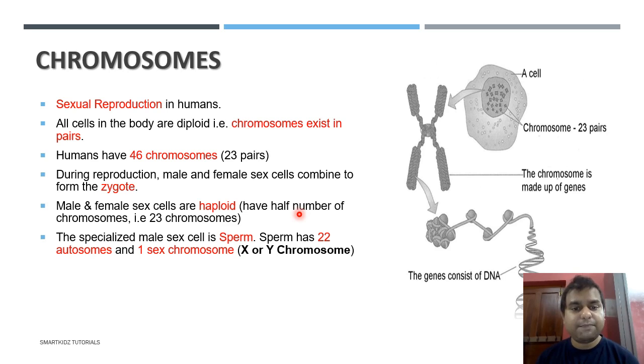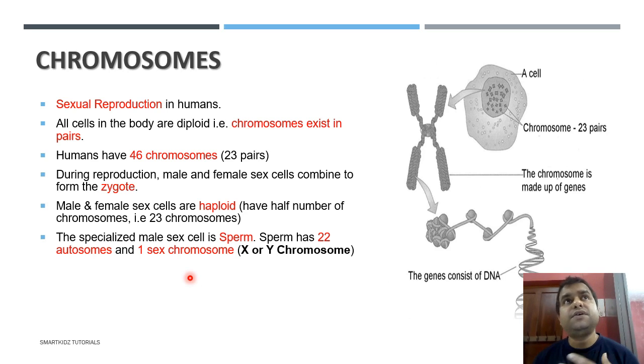The specialized male sex cells are called sperm cells, and in case of female, it is called an egg. Now, both the sperm and the egg have 22 autosomes, and one sex chromosome. The sex chromosome will be either X or Y chromosome.